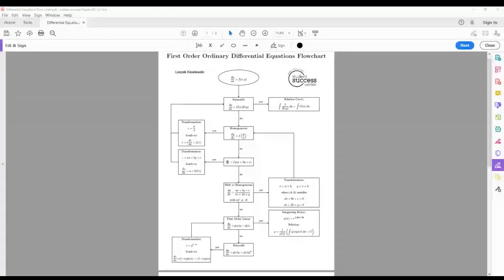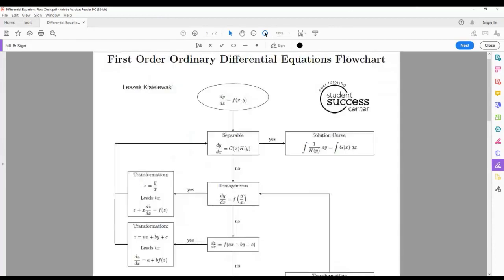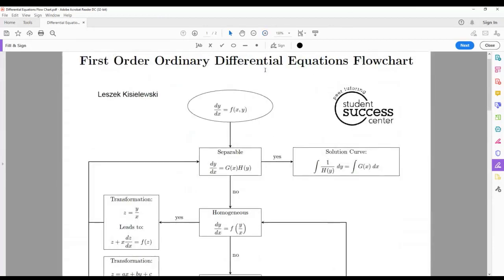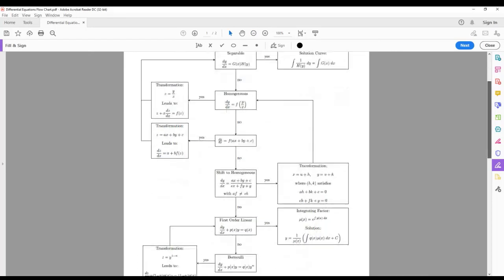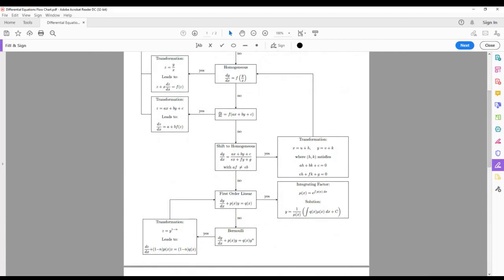Right, so in peer tutoring, we have this flow chart. Let me show you what summarizes the first order differential equations. It's a summary of what you expect on a first exam, right? So you have these different types of differential equations: separable, homogeneous, first order linear, and Bernoulli.